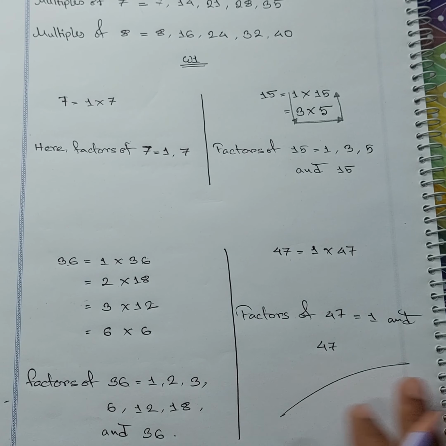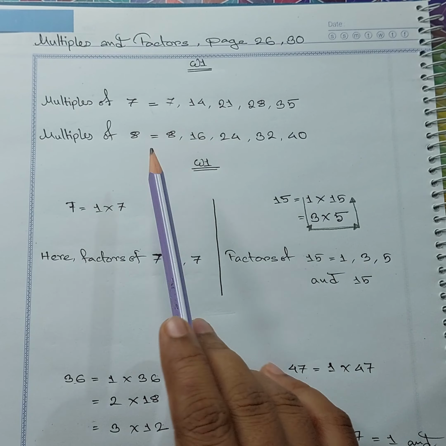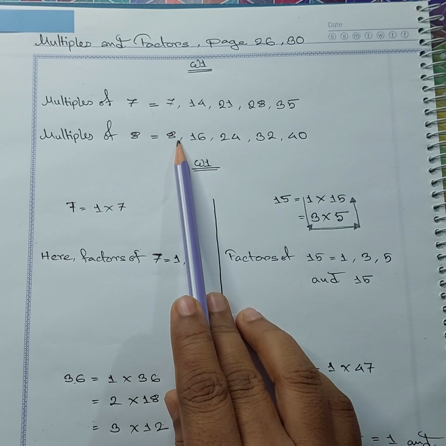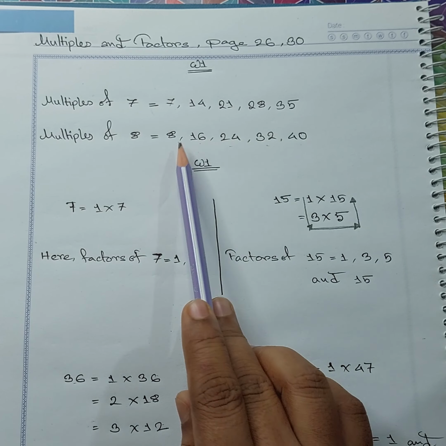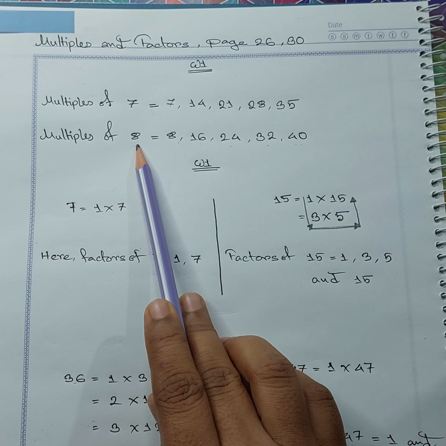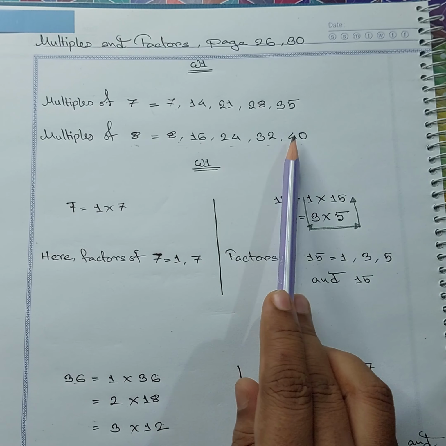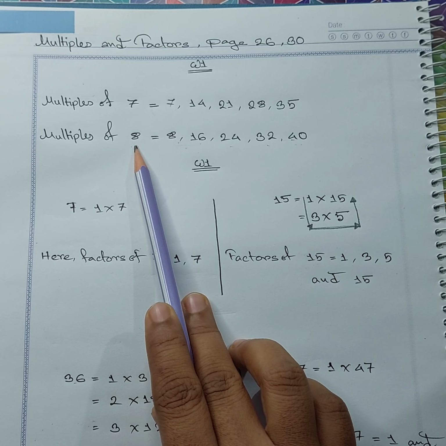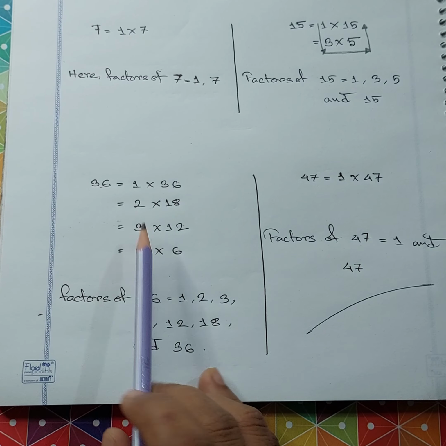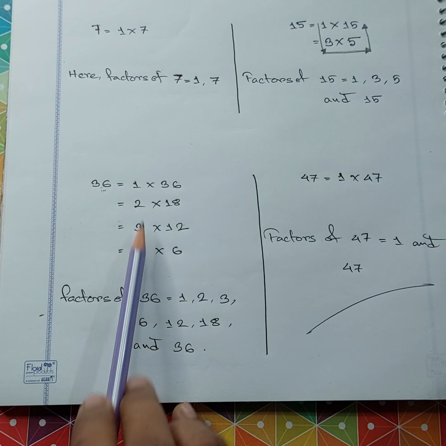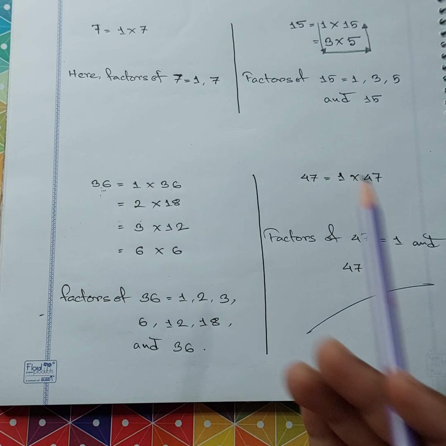When I was starting the video, I already told you that, from here, as you can see, 8, 16, 24, 32, 40. All of them are multiples of what? 8. Multiples are supposed to be equal to or bigger than the main number. Here, as you can see, the factors are equal to or smaller than the main numbers.